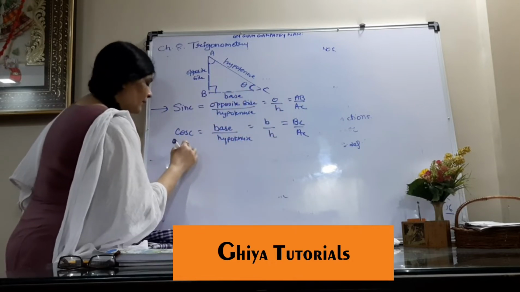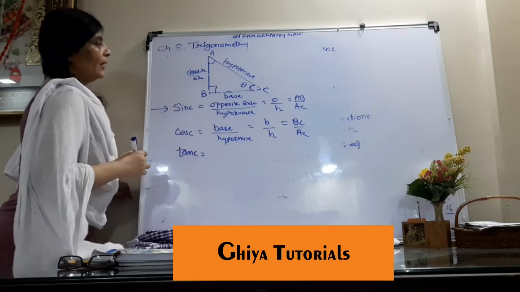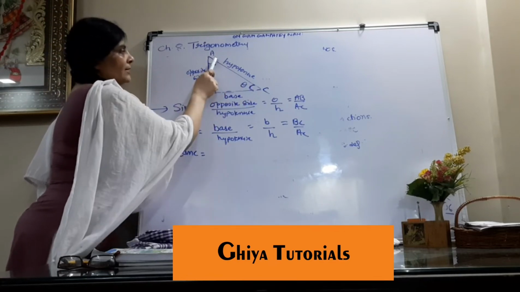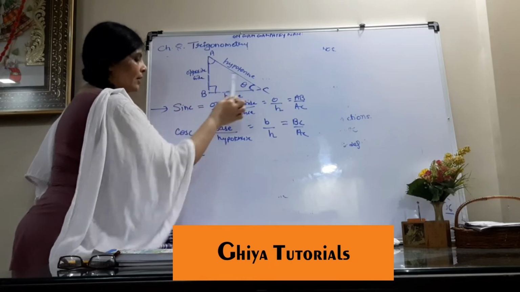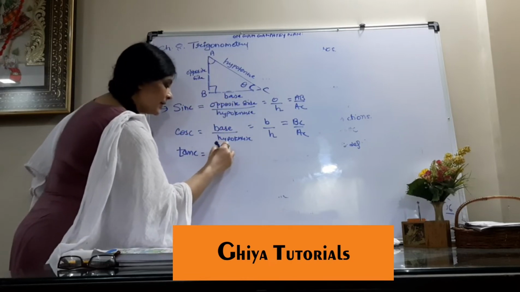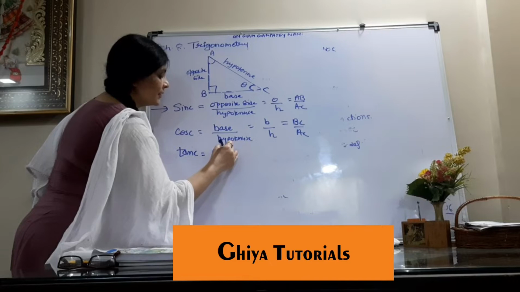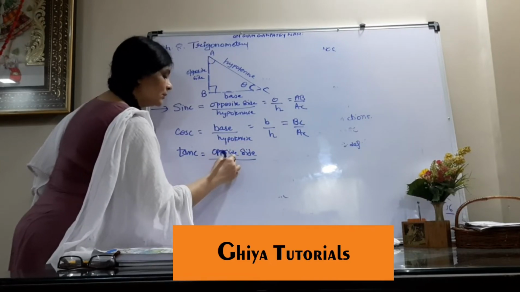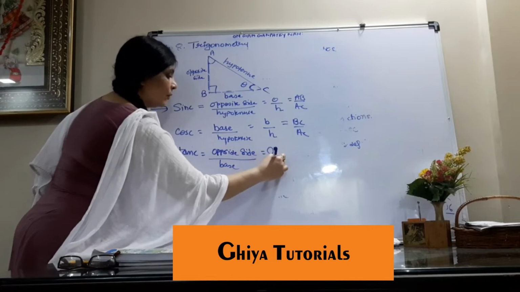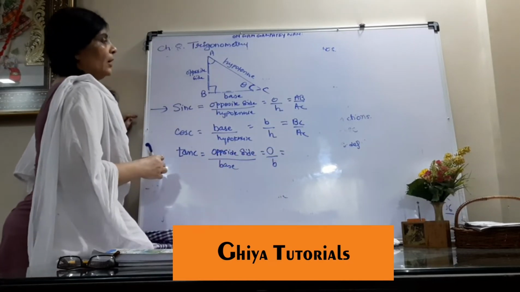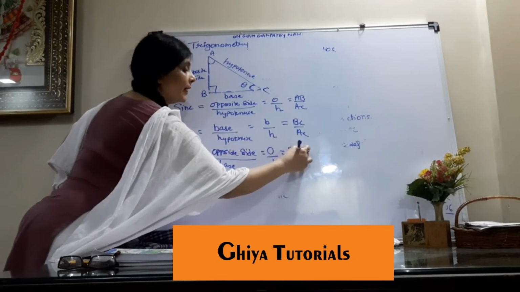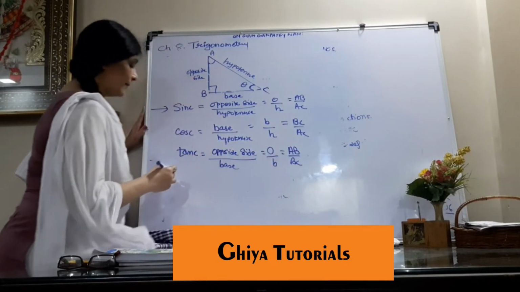Now suppose you want to find tan C. In the case of tan, hypotenuse will not come. Tan C is opposite upon base, that is O by B. Here with respect to angle C, the opposite side is AB upon BC.